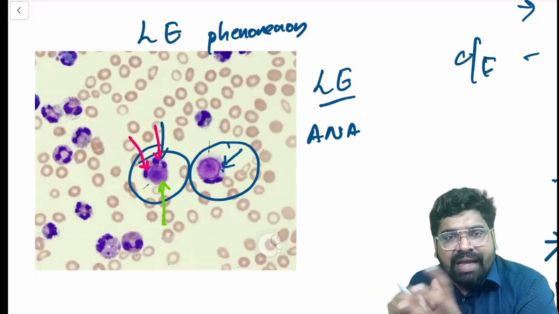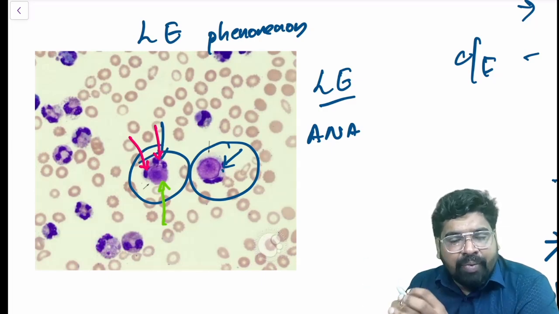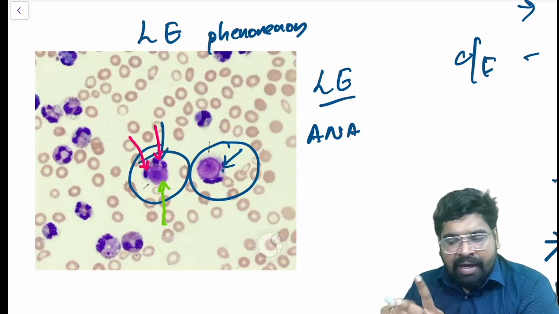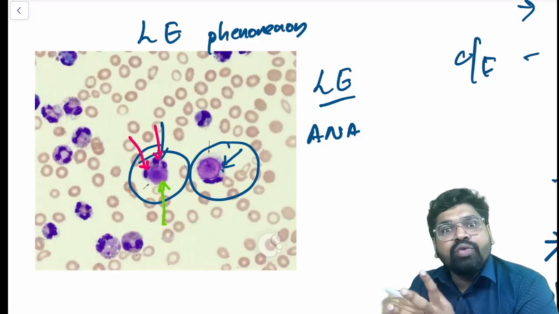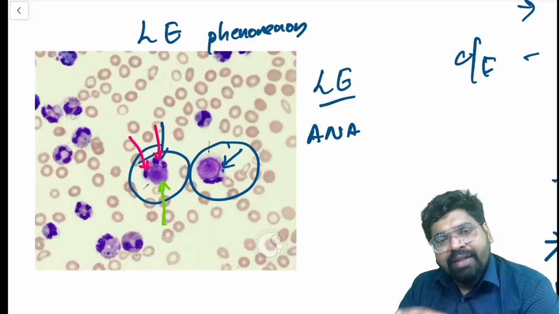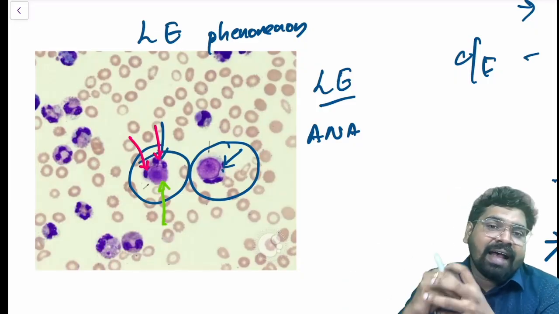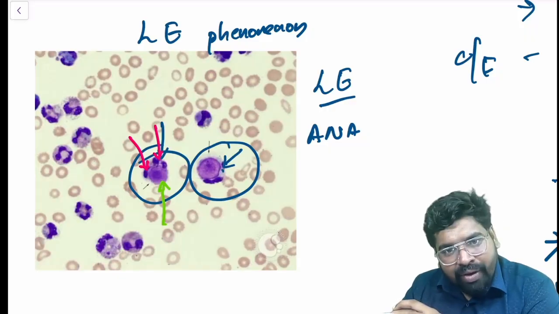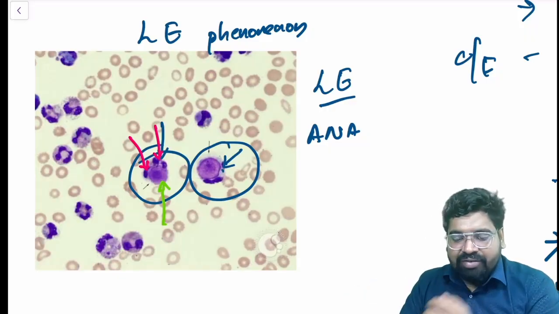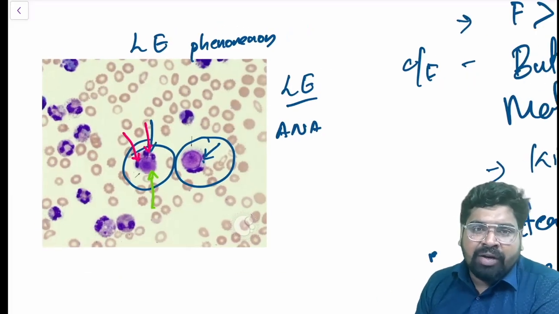So a single neutrophil has two types of nuclear material: its own normal nucleus, and the remnant of the damaged nucleus this cell has engulfed, phagocytosed. This is called the LE phenomenon, seen in lupus erythematosus.